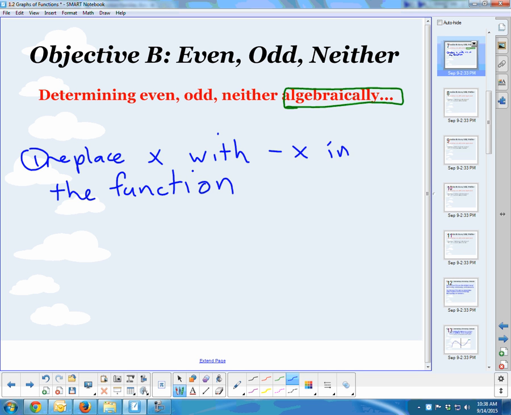And really where it comes out to play is what does the result look like after we make that substitution? We'll get a couple of things that are possible.